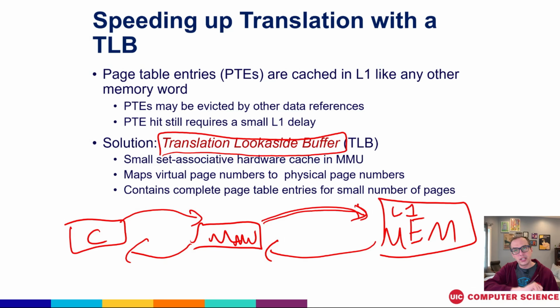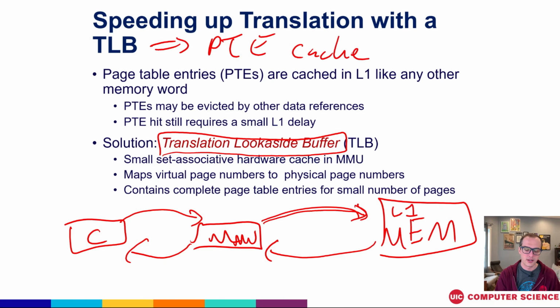Rather than using the memory hierarchy and treating a page table entry like any other chunk of memory, I'm going to say that page table entries are special things that I want to pull into the MMU and have a page table entry cache. I think that's a very good way to think about what the TLB is. The TLB is a page table entry cache on the MMU. I think that's the best way to think about it.